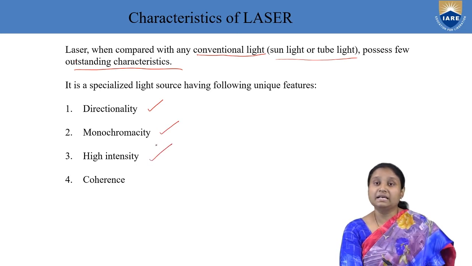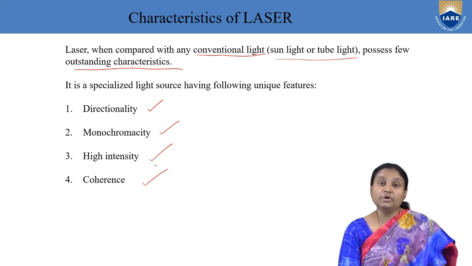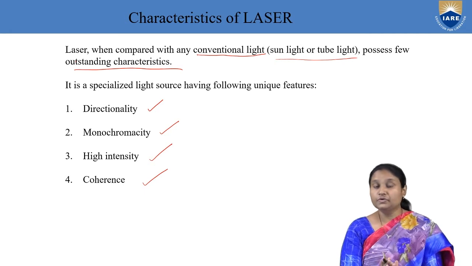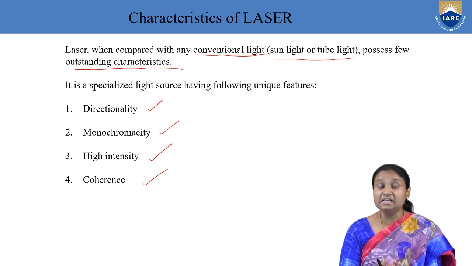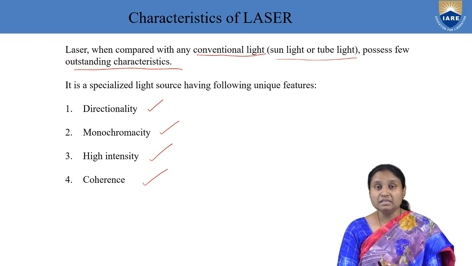The fourth, and of course the most important one related to laser emission, is being coherent. So laser light is directional, monochromatic, a highly intense beam, and a coherent beam.